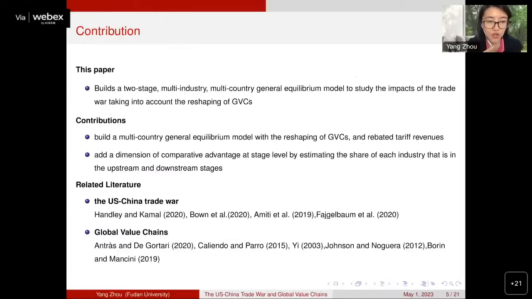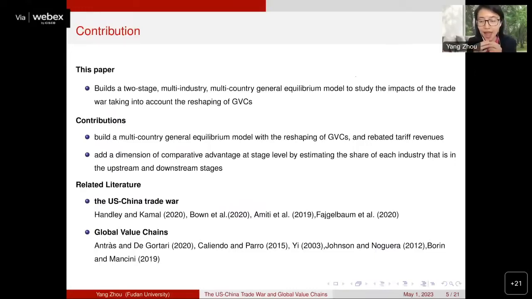So the contribution of this paper is that it builds a two-stage multi-industry, multi-country general equilibrium model to study the impact of the trade war while taking into account the reshaping of GVC.